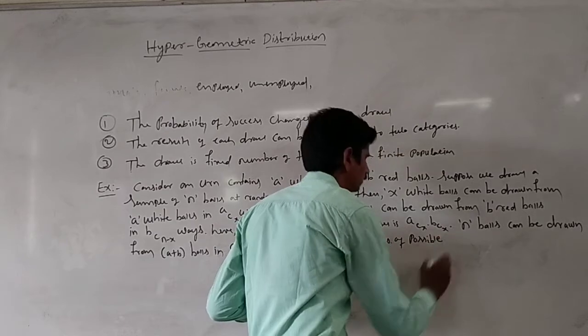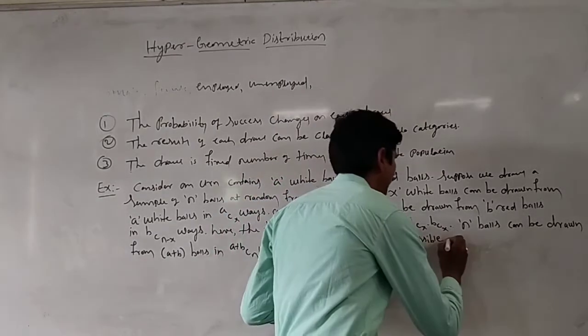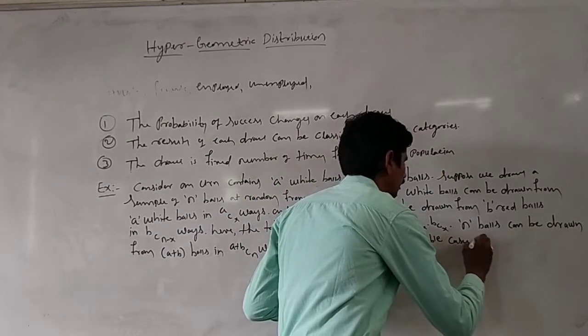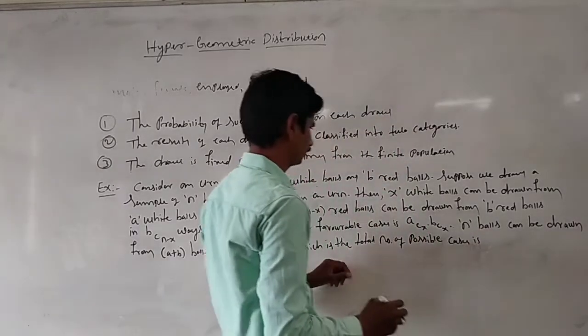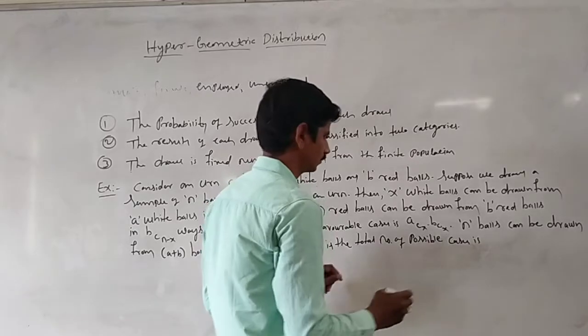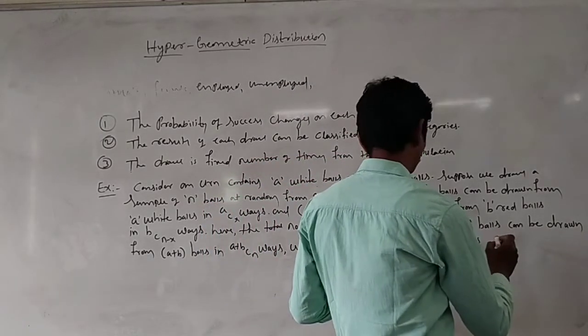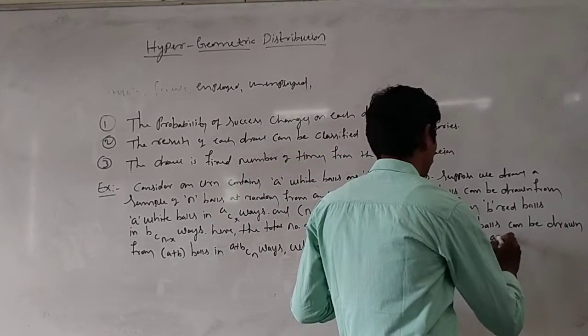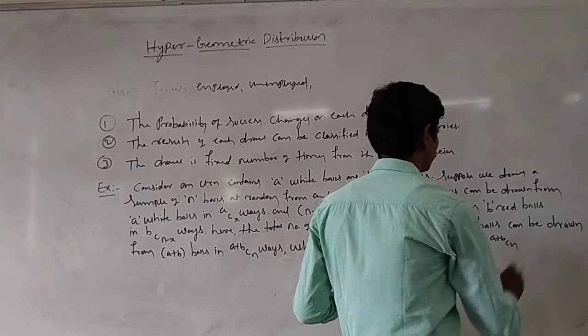The possible number of cases is A plus B Cn.